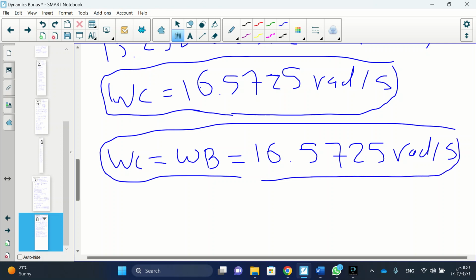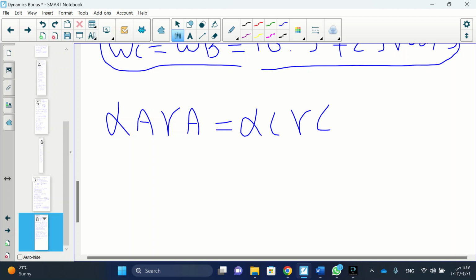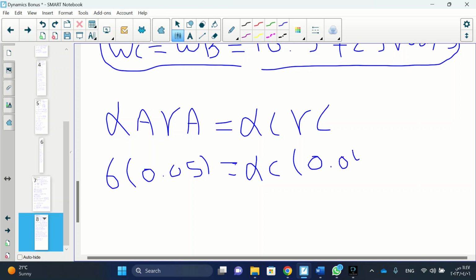Now let's find alpha C. It's the same. Alpha A RA equals alpha C RC. Why? Because they are connected to each other. So alpha A was 6, RA is 0.05, equals alpha C, which we don't know, times RC, which is 0.04.